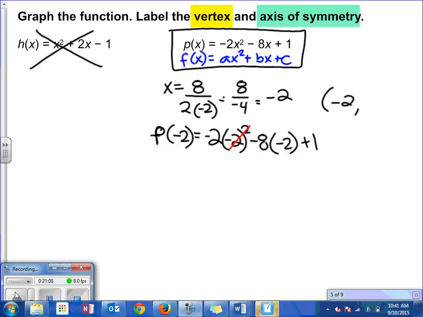When you square this number, it will always be positive. If you square a positive, it'll be positive. If you square a negative, a negative times a negative will also be positive. So we're going to get a positive 4, and then multiply it by the negative 2 for negative 8. Negative 8 times negative 2 is positive 16, and then plus 1, so we end up with 9. There's our vertex.